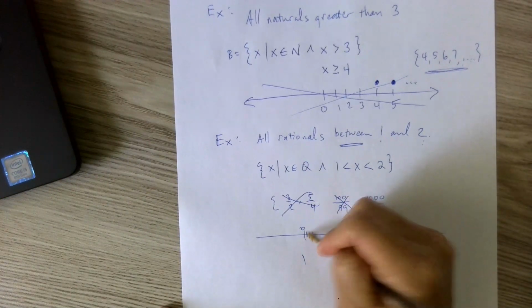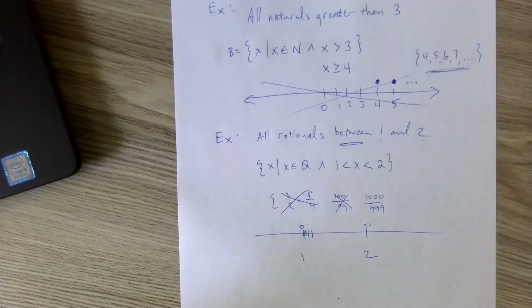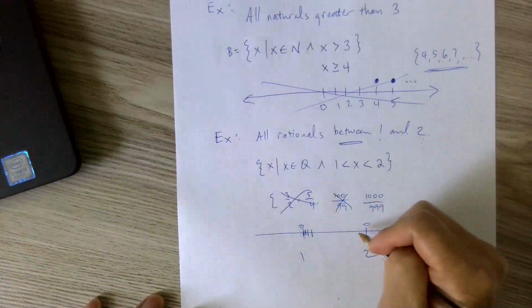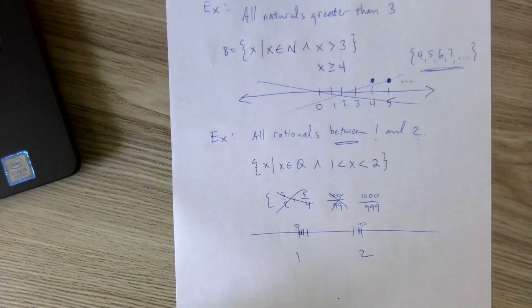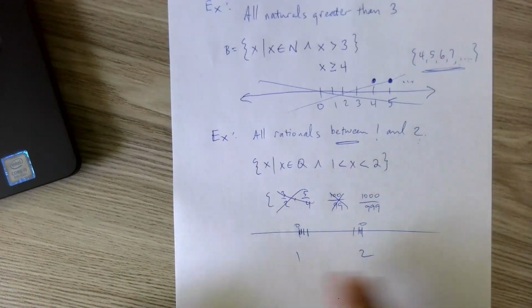And then I could pick a number closer. And then you could pick a number even closer. So there's no smallest number in this list. And there's no highest number, because I could keep doing the same thing. So this set of numbers is not listable. Not listable.